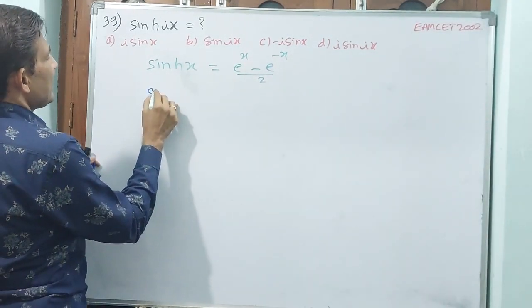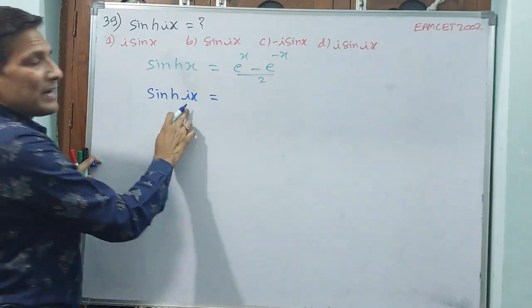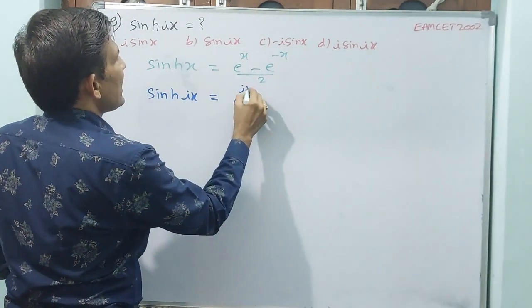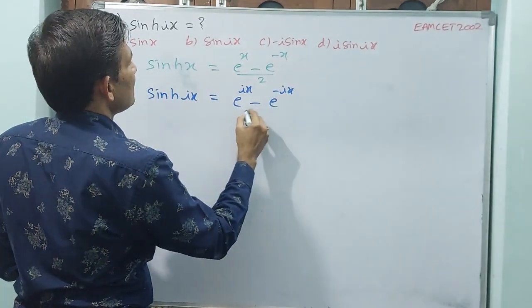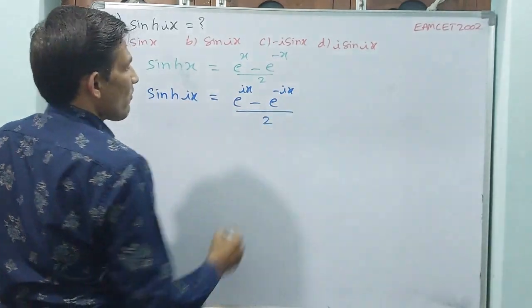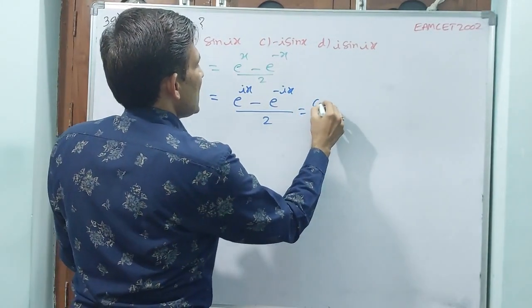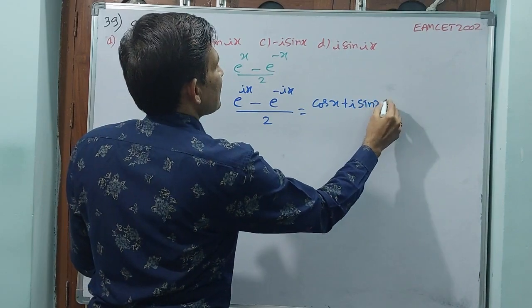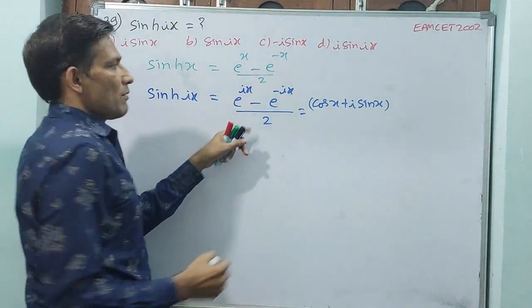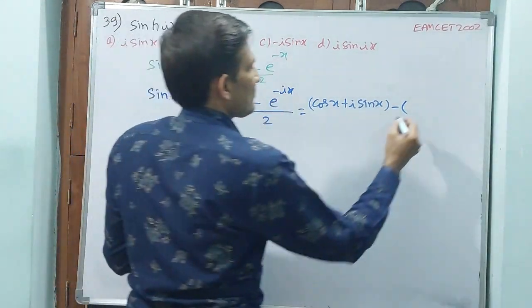Now based on this, again I am writing sin hyperbolic ix is equal to, in place of x you keep ix: e power ix minus e power minus ix by 2. What is e power ix? We know very well, cos x plus i sin x, minus, what is e power minus ix?